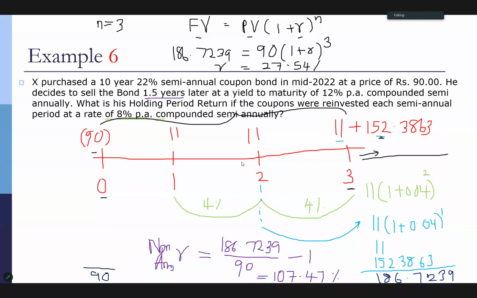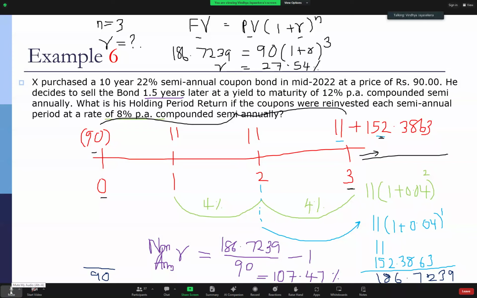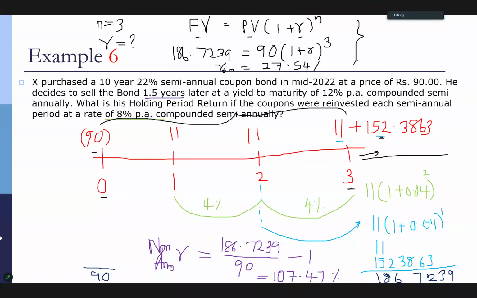Why? That's why I asked, what is R? What is the definition of R? Return for the period. What is the period here? Yes. This is the 6-month R. So therefore, what is R?